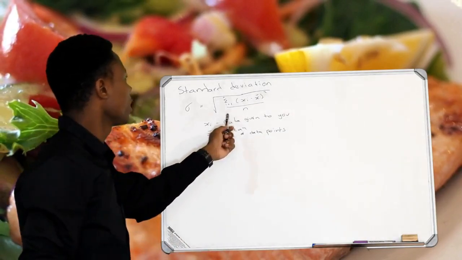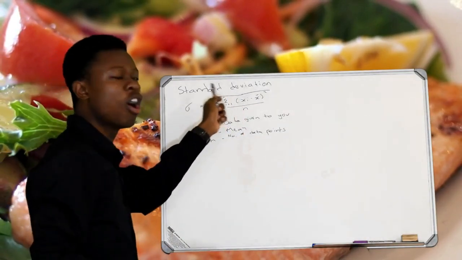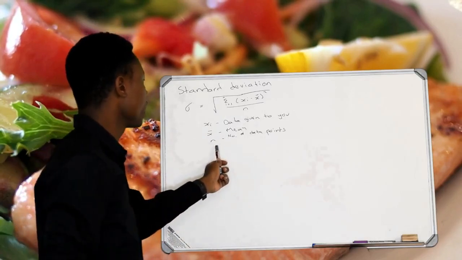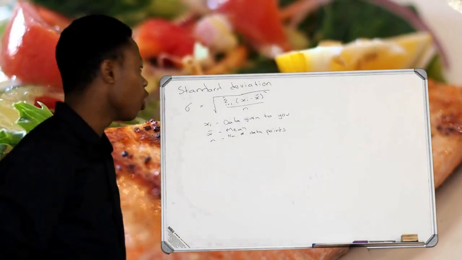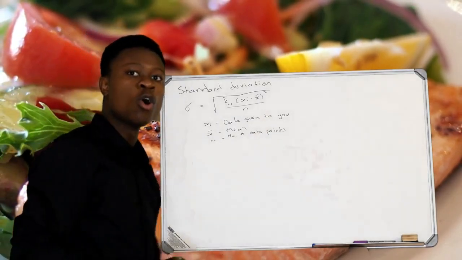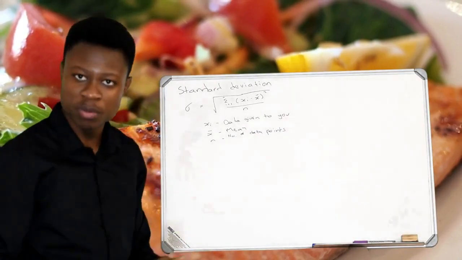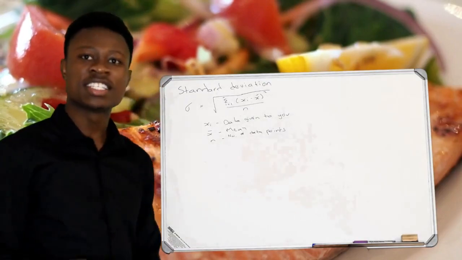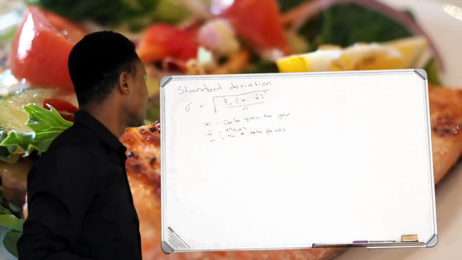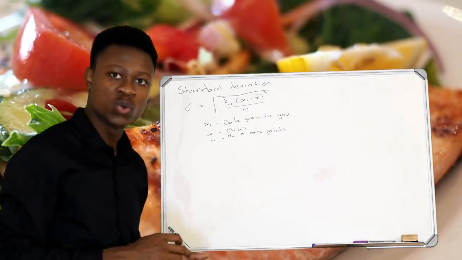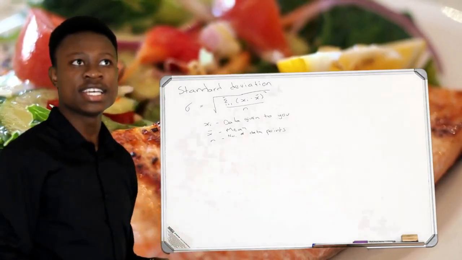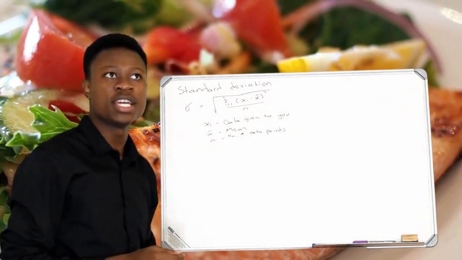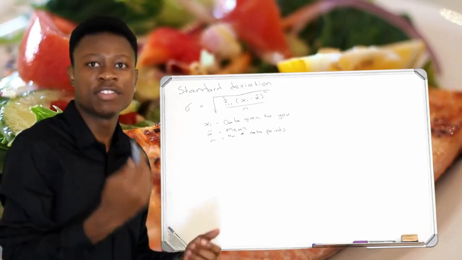So what is this? This is the sum until n. What is n? n is the number of data points, or, for example, the number of people. And xi is the data that is given to you. Let's say they say that in a test, one person obtained 25%, another 35%.